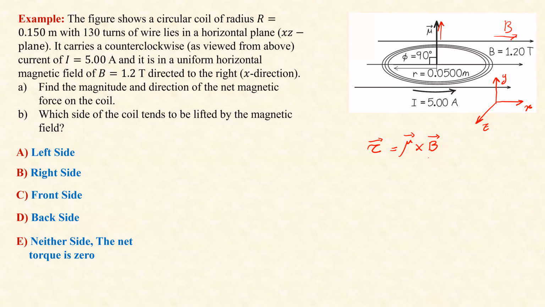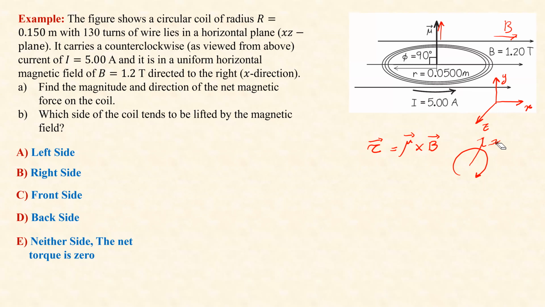Everybody sees that? Z is out of the page, toward us, so tau will be into the page, in the negative Z direction.